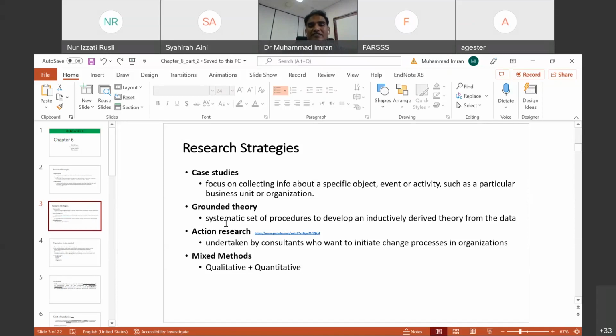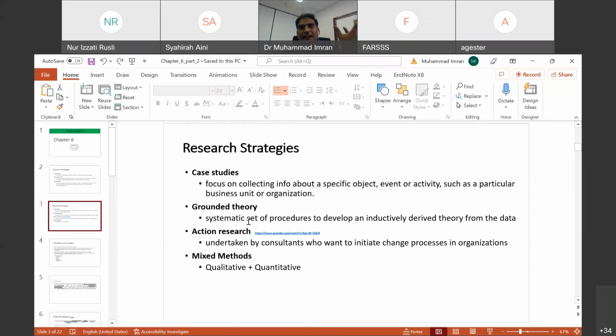The grounded theory is a systematic set of procedures to develop a theory inductively derived from the data. Suppose we have data, and on the basis of the data we propose a theory. We already discussed this in the types of research in the first chapter. We collect data on a particular issue, maybe that employee performance is very low.